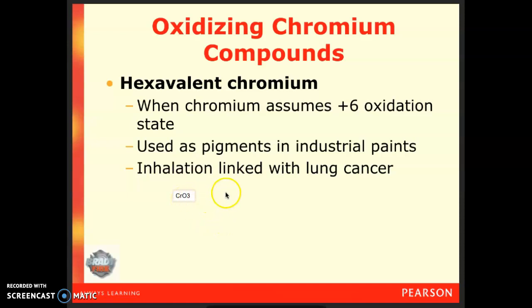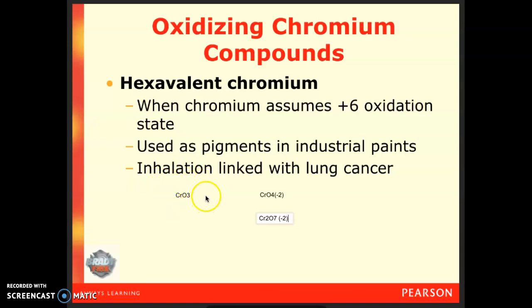We see it along with its counterpart, the chromate ion, and its counterpart, the dichromate ion, Cr2O7 2-. These are commonly used in pigments. This is actually found, your common breathalyzer test uses chromium 6 oxide.